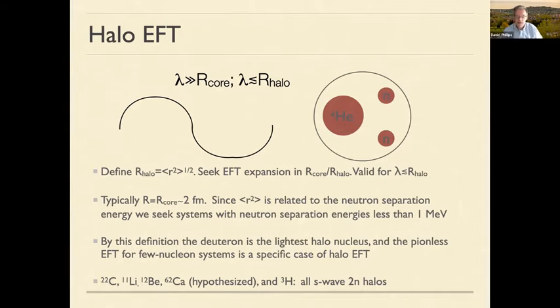So as in any effective field theory, there's an expansion in a ratio of scales. So in this case, the ratio of scales is the size of the helium-4 core to the size of the halo. And this approach is, how would I say, generic to all halo systems. It's been used for 1 neutron halos, 1 proton halos, and 2 neutron halos.